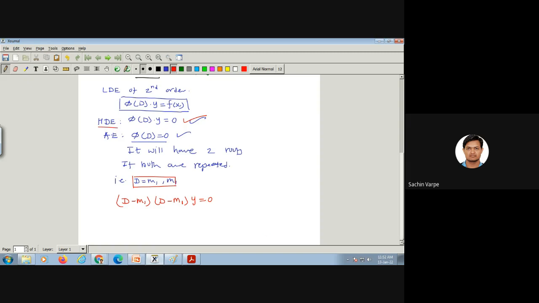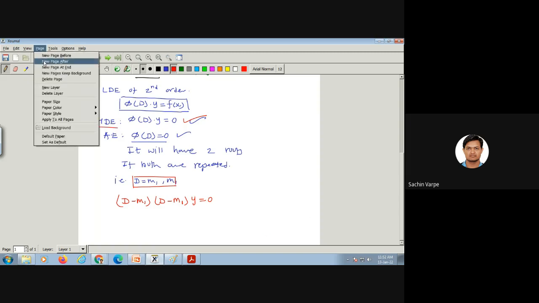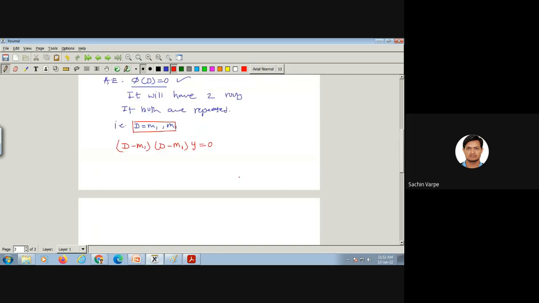Okay. So what we do, for our convenience, let us consider the value of this to be z. So let (D minus m1) times y is equal to z, suppose.